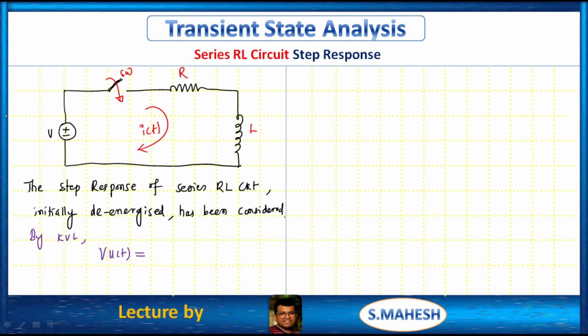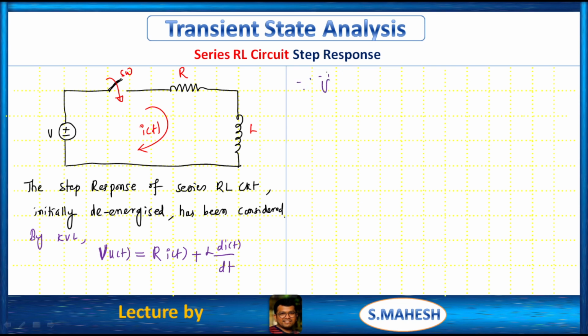So V u(t) equals R into i(t) plus L into di(t)/dt. So by using KVL we have this equation: V u(t) equals R i(t) plus L di/dt. That's it.